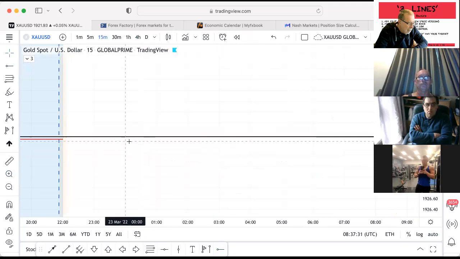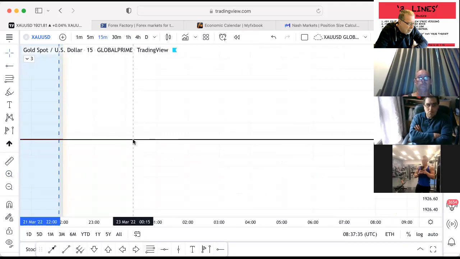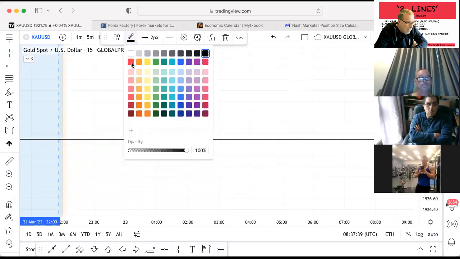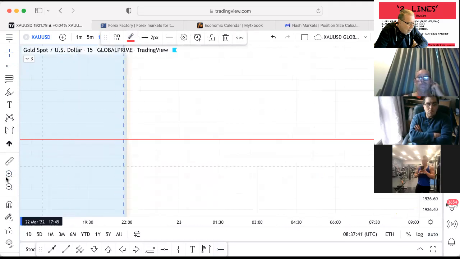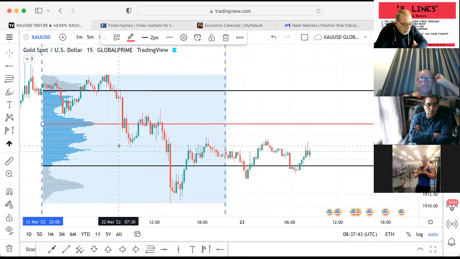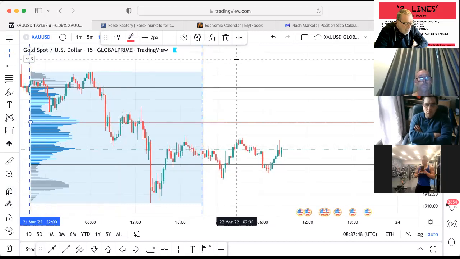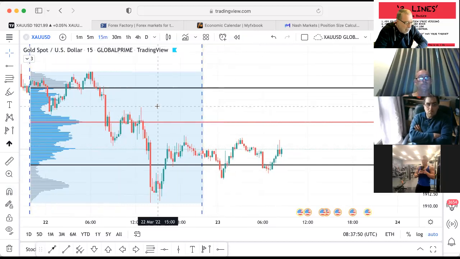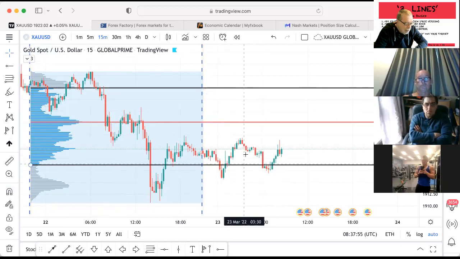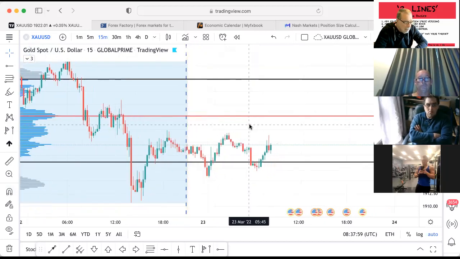So that's the black line that I've just put on. I'll change it to red in a second, but that's now accurately placed. Can change it to red and zoom out again. And there we've got all we need to start analyzing trades. So we've got the field of play, which is between those two black lines, and we've now got yesterday's point of control, which becomes today's target.